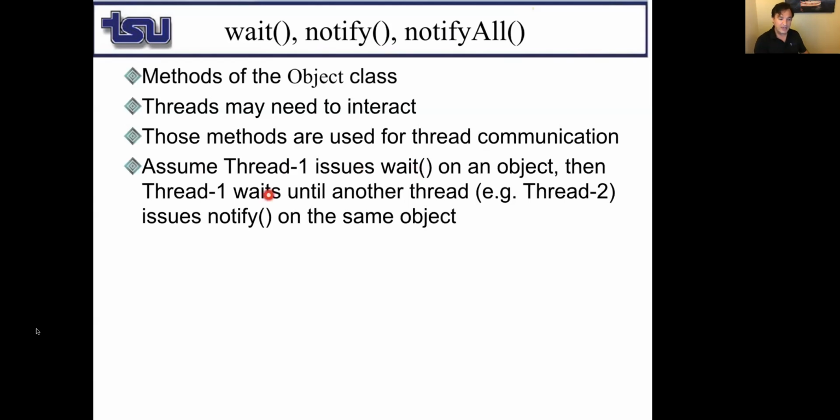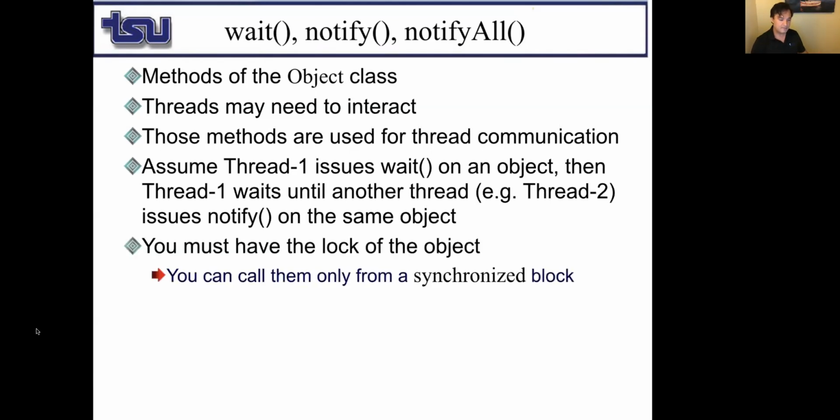Then thread 1 waits until another thread issues notify on the same object. So I said, I am thread 1, I'm going to wait on an object. I'm waiting until what? Another thread notifies me that that object is available. You must have the lock of the object. You can call them from a synchronized block.